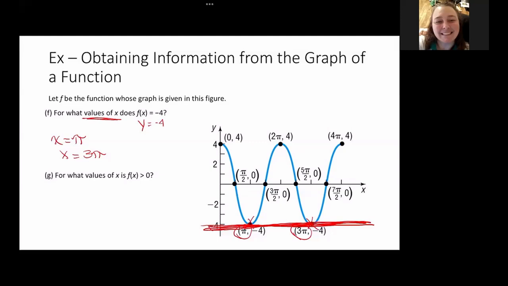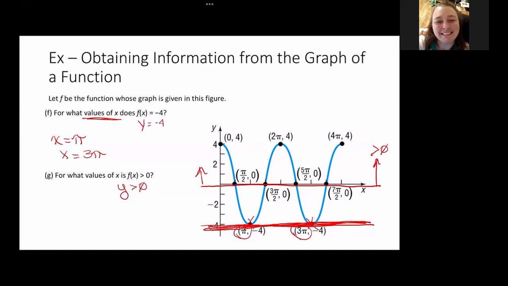Now, the last question for today is: for what values of x is f of x greater than 0? So where is y greater than 0? y is equal to 0 here, but we want greater than 0, so it's going to be everything above that.